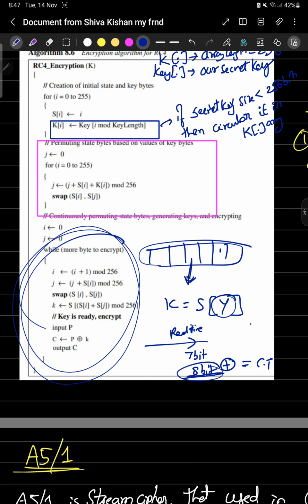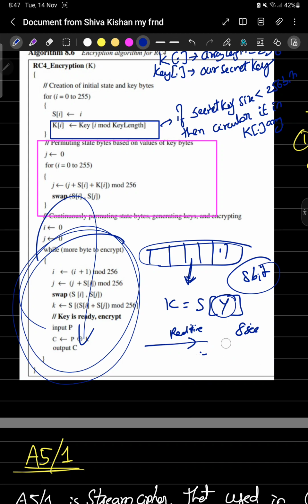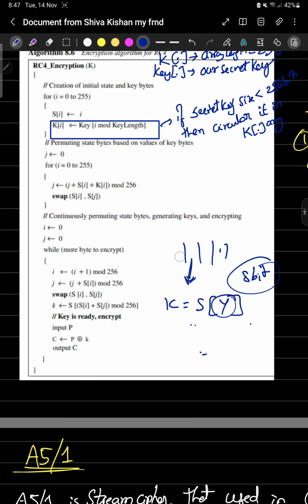Now I will not do anything. I will sleep for 8 seconds. After 8 seconds our new fresh 8 bits arrive. Whenever I get 8 bits of plain text, I do the same processing. Take another random value of the key, XOR it, and you get ciphertext. Like that I will create and send the ciphertext.